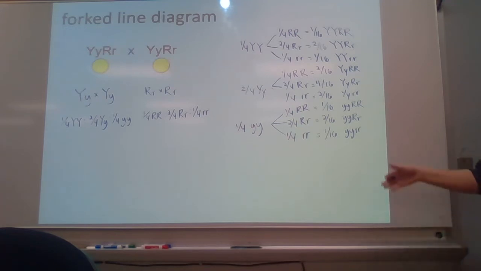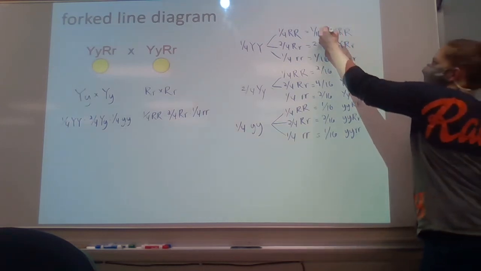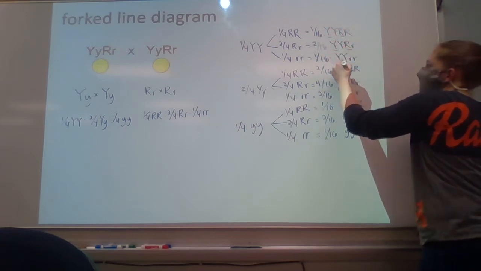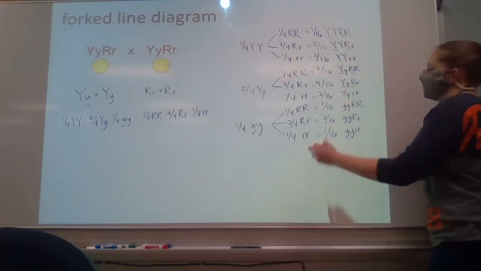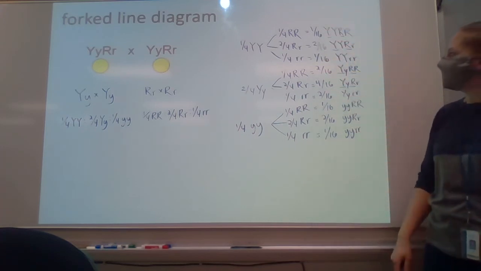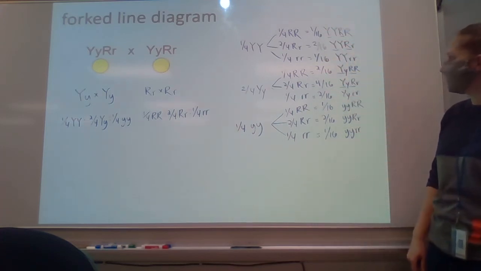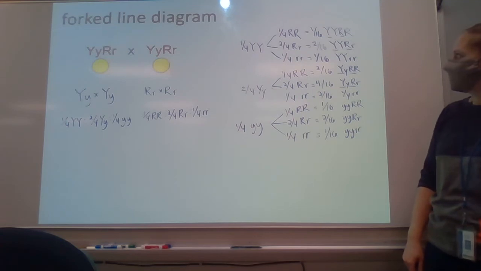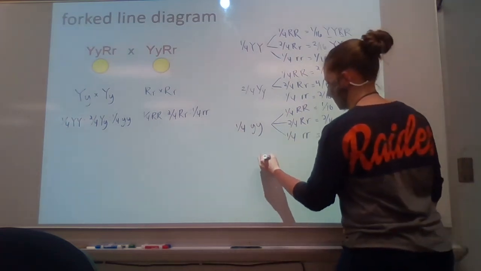And of course, if you have the genotypes, then you can find the phenotype ratios, right? So how many are going to have both dominant traits? You have this one, and this one, and this one, and this one. So 1 plus 2 plus 2 plus 4 is? 9.